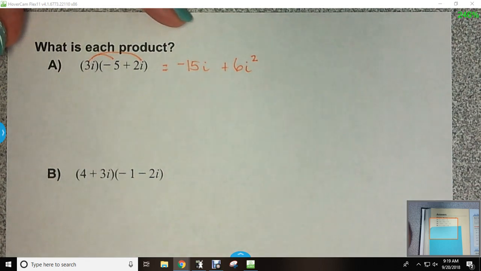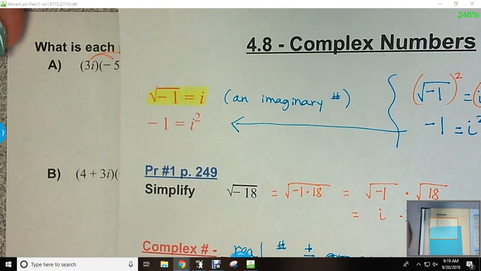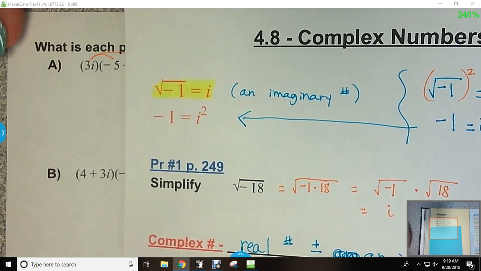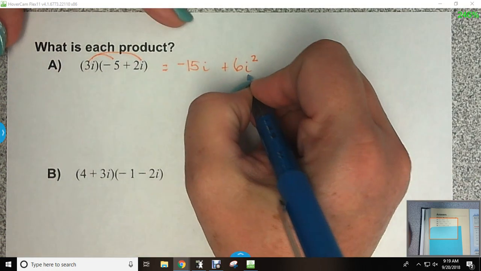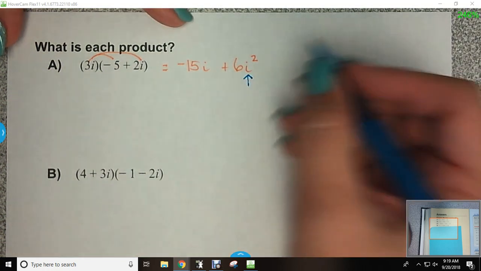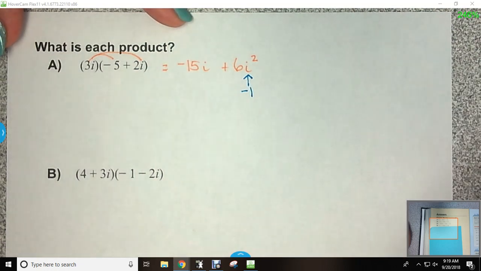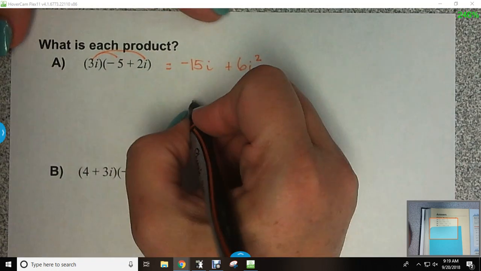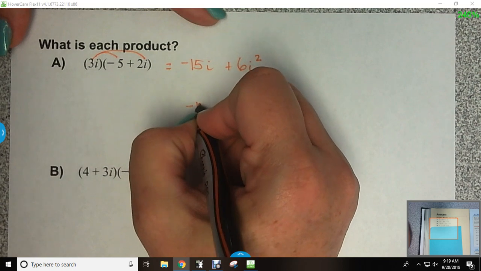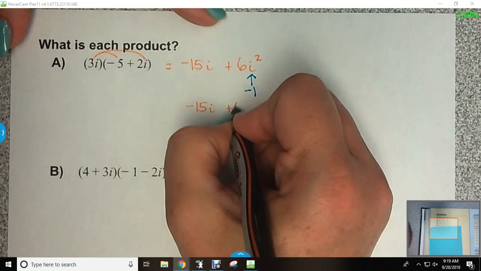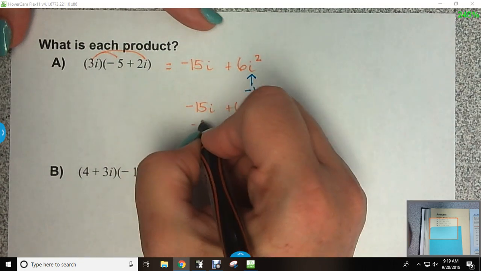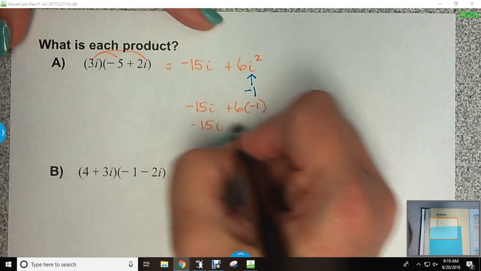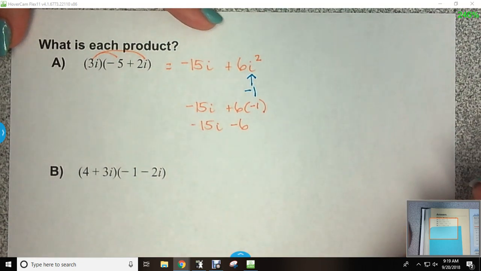This is where I need you to remember from the very beginning of this set of notes. i squared is equal to negative 1. So right here I'm going to substitute negative 1 in place of the i squared. So I have negative 15i plus 6 times negative 1 gives me negative 15i minus 6.